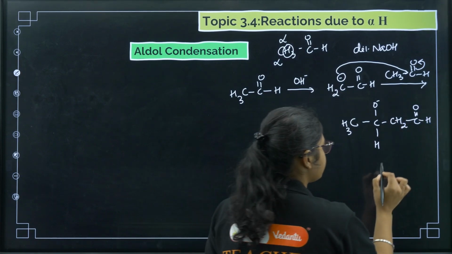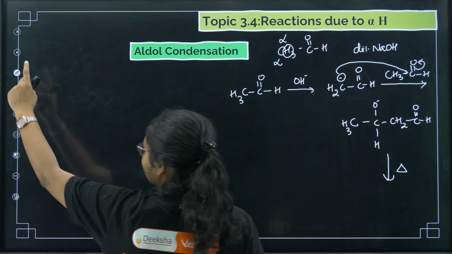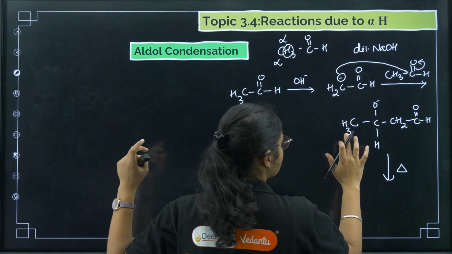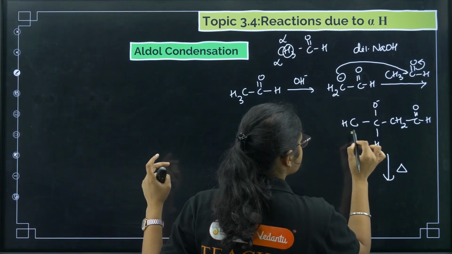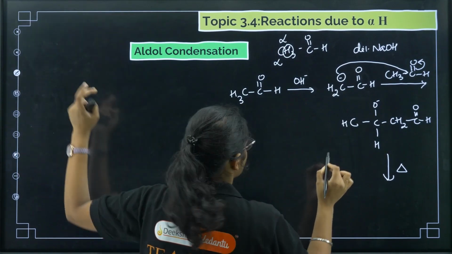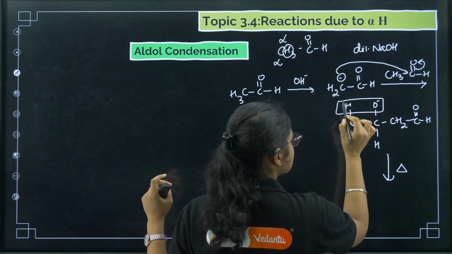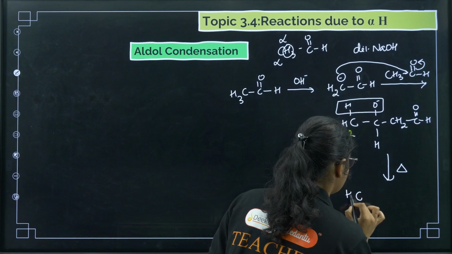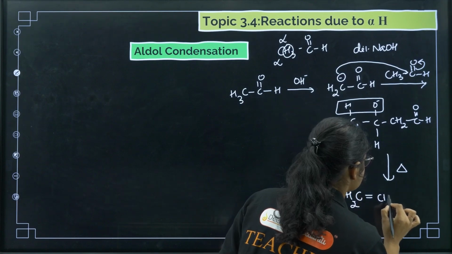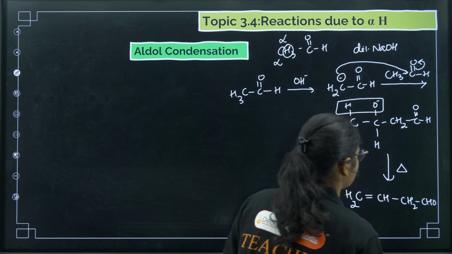Now after that, if you heat it, OH will be removed, and we will get CH2 double bond CH, CH2, CHO.